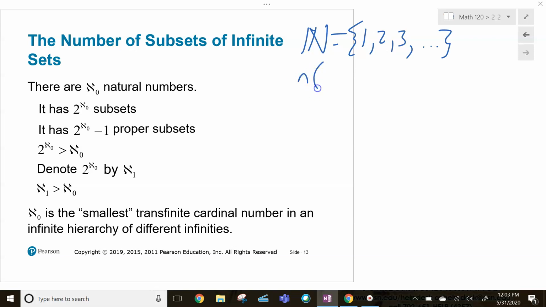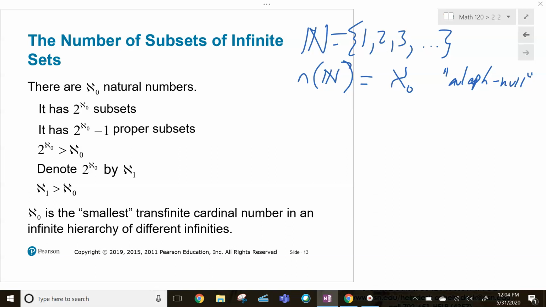They've given this a name, and they call it Aleph Null. Even though we know it's an infinite amount, we're going to give it this name, okay?